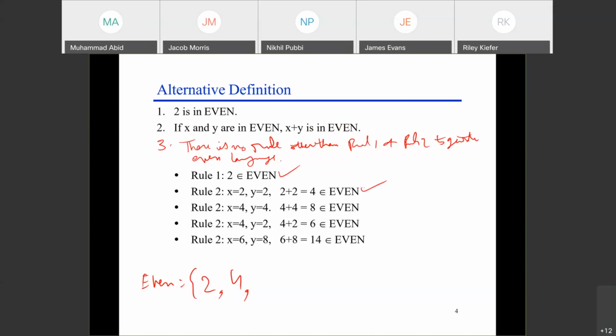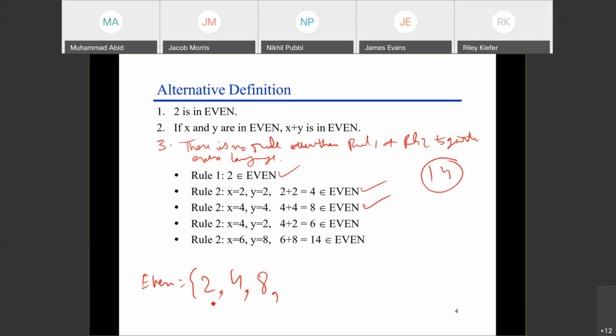So what we are trying to do is prove that 14 is a member of this language. Okay. So then we now have two words here, 2 and 4. And now we use these two words in a more intelligent way. So we are using x is equal to 4 and y is equal to 4. So we use 4 two times, and we generate 8 here. Then we use x is equal to 4 and y is equal to 2.